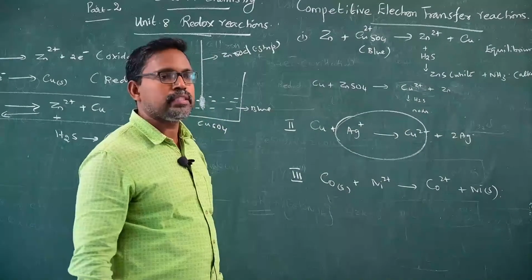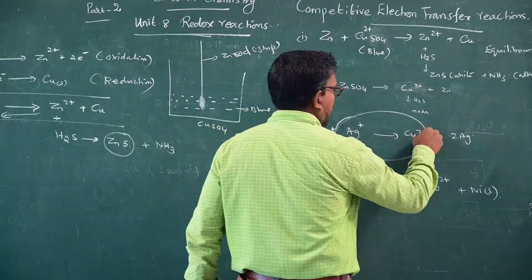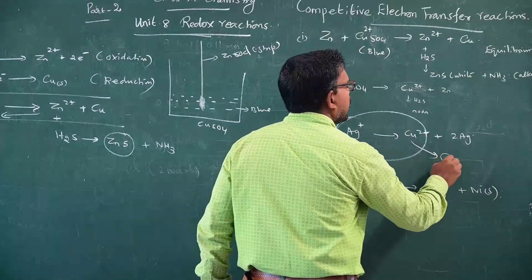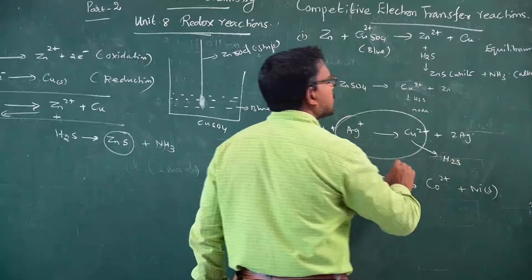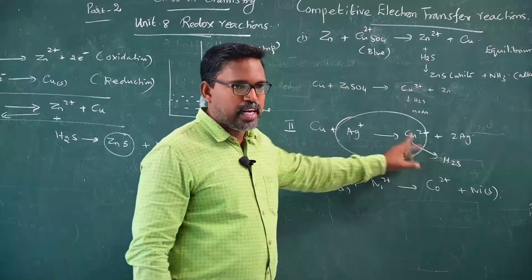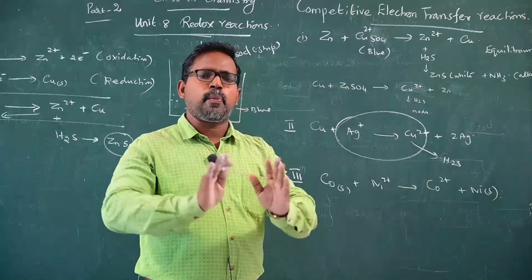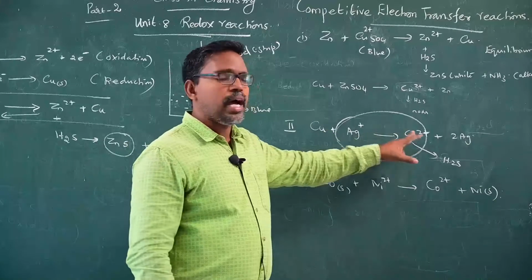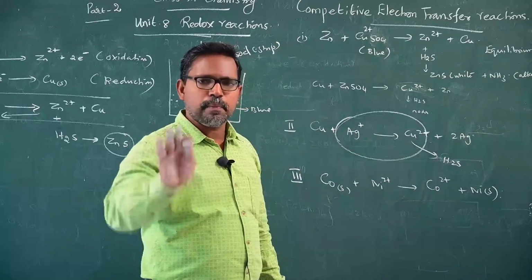How is the copper ion experimentally proved to be present or not? It is checked by passing hydrogen sulfide gas. It gives a black precipitate of copper sulfide. So under equilibrium condition, a specific quantity of silver ions as well as copper ions are present.